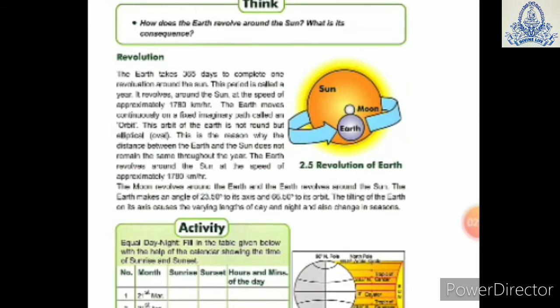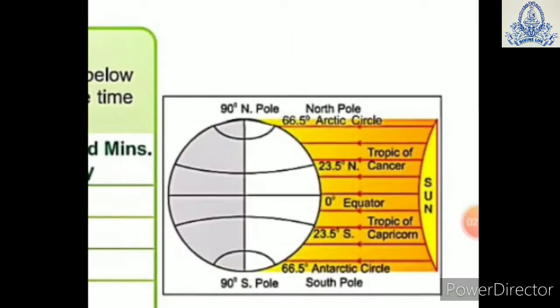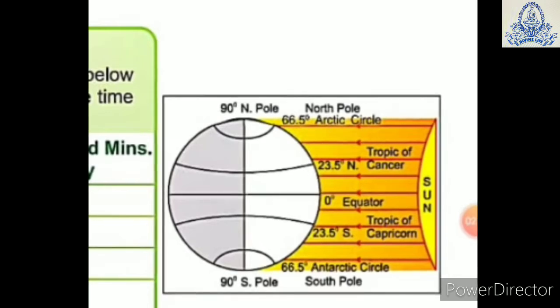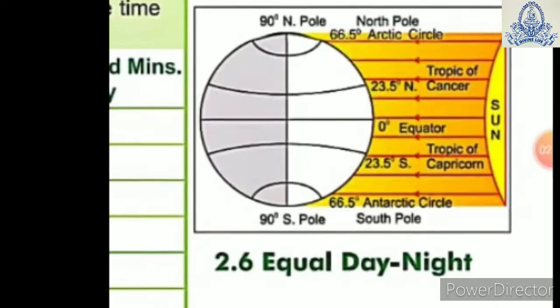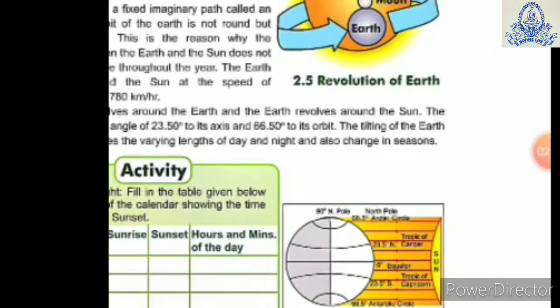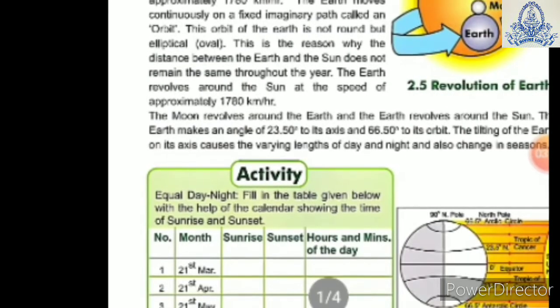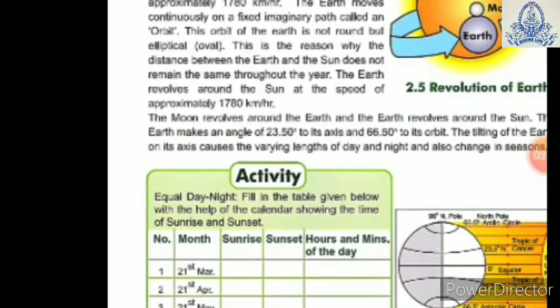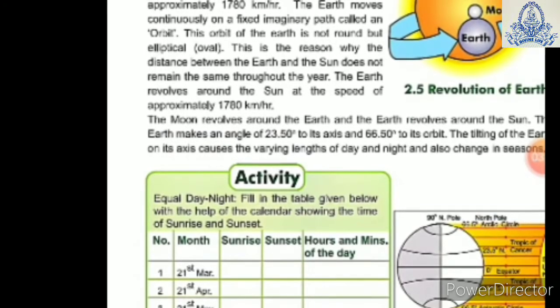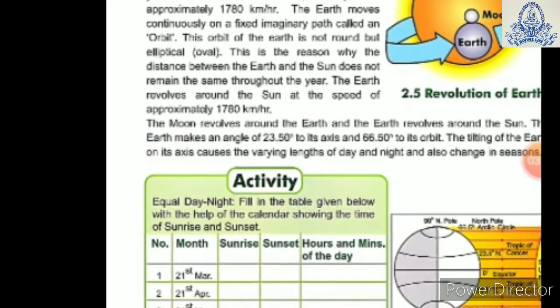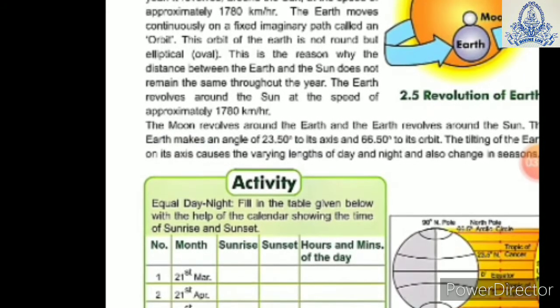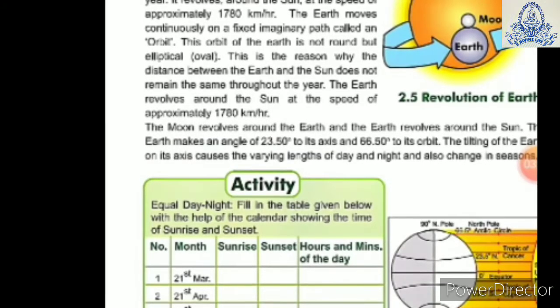Now we move toward the next point. Here they are showing one diagram, that is equal day and night. This diagram shows equal day and night. We will study it in detail. When the sun shines directly on the equator, for the moment the northern and southern hemispheres receive equal sunlight.